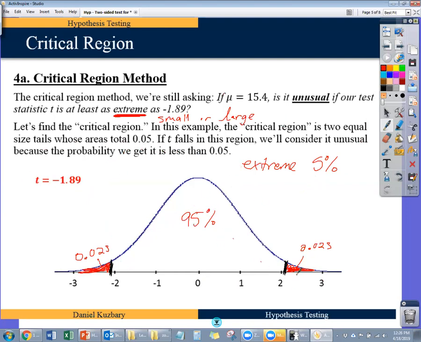So now with the t distribution, we want to find out what this number on the number line is that marks off the lower 0.025 and the upper 0.025. So we want to find this number, and this number is called the critical value, and we usually label it like this. So t.025, that's the area above it. It's called the critical value.